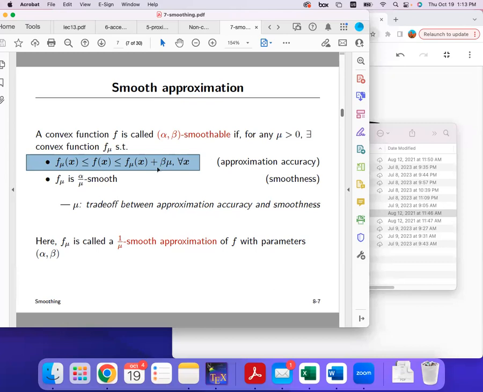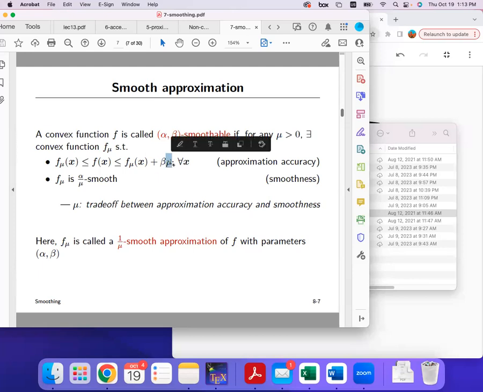You can see this parameter beta controls the approximation accuracy. If beta is very small, then the first inequality says that we have a very accurate approximation. And alpha controls the smoothness of your approximation. Here, this parameter mu controls the trade-off between approximation accuracy and smoothness.